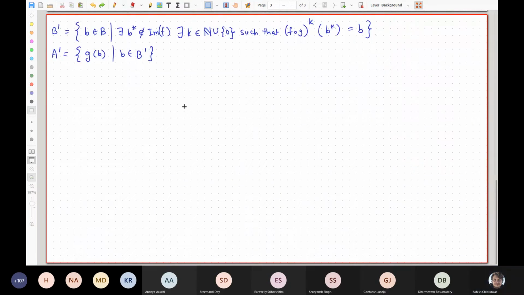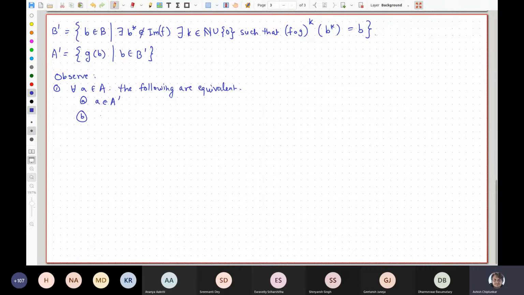All right. So now observe. So the first observation is that for all A in capital A, the following are equivalent. Statement A: this element A is actually in capital A prime.